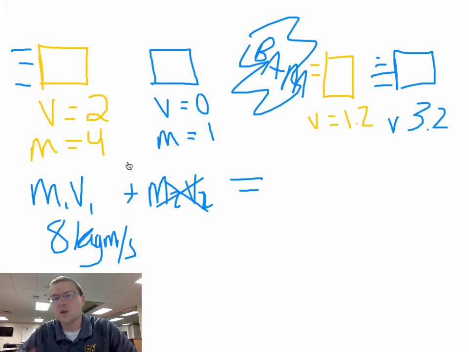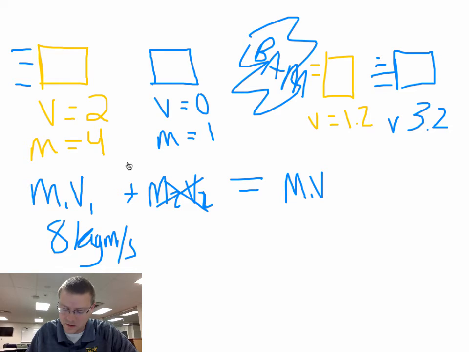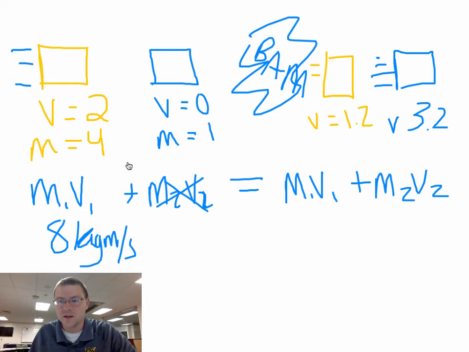So we can see that the orange cart was heading off at 1.2 meters per second, and the blue cart was now heading at 3.2 meters per second. Same setup for after the collision: you take mass 1 times v1 final plus mass 2 times v2 final. For mass 2, it's easy: 1 kilogram times 3.2, or 3.2 kilogram meters per second.